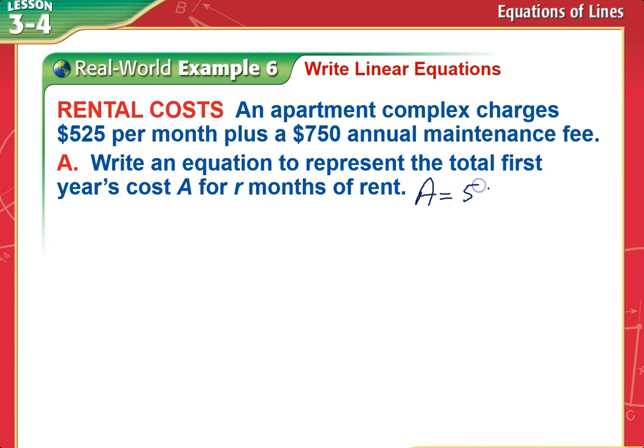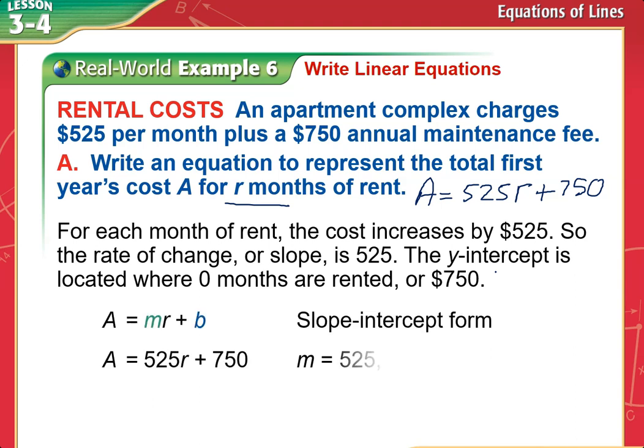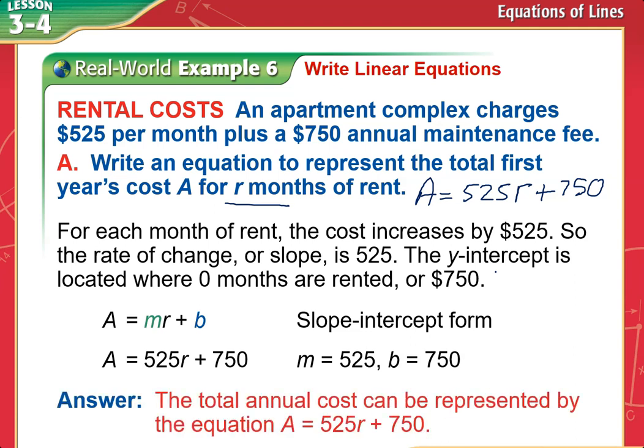So we're going to have $525 times my R for months. I'm not sure why they didn't use M, but R for months. But then we have to tack on a maintenance fee one time only, and plus $750. So for each rent, the cost increases by $525. So we have MR plus B. There's my two numbers, and then we put it in.